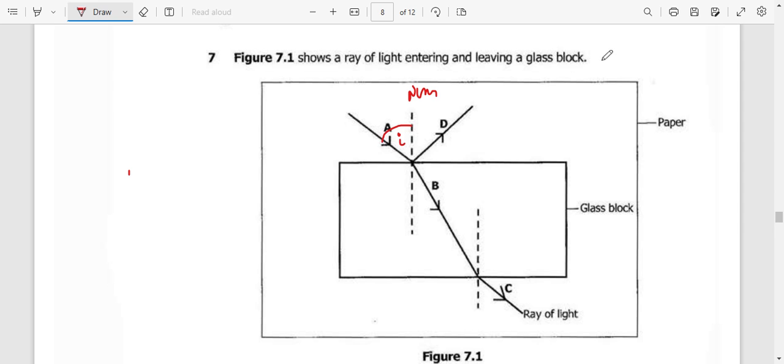The angle of refraction, R, is the angle between the refracted ray and the normal. This is the angle of reflection, and then this is the angle of refraction. Those are different angles.